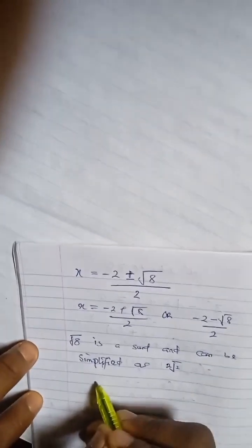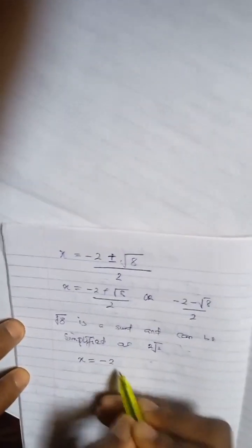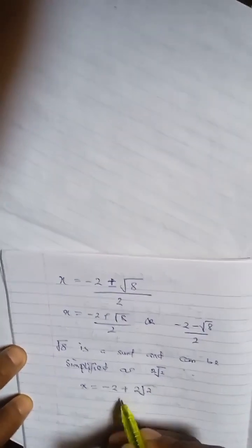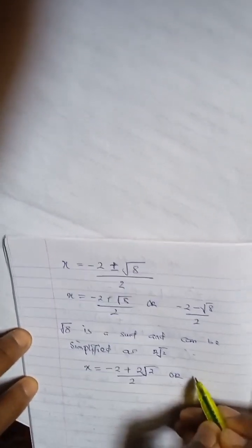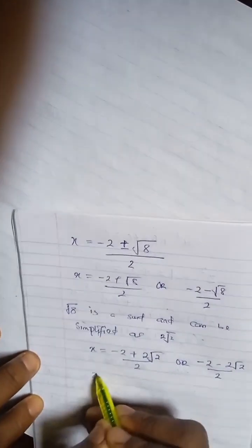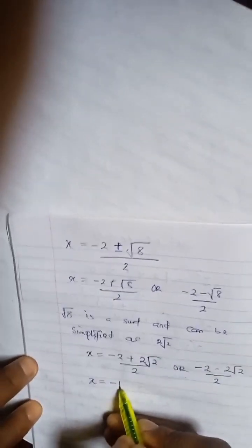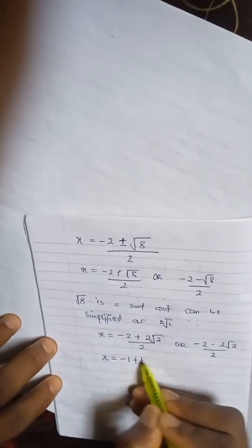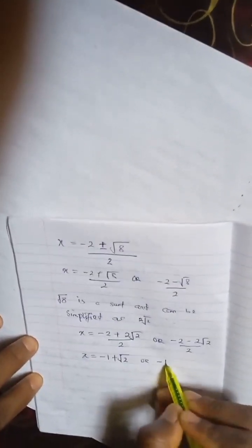So you can also watch my videos on surds if you don't understand how this came about. So x is either equal to minus 2 plus 2 root 2 over 2 or minus 2 minus 2 root 2 over 2. When I simplify, I'm going to have x equal to minus 1 plus root 2 or minus 1 minus root 2.